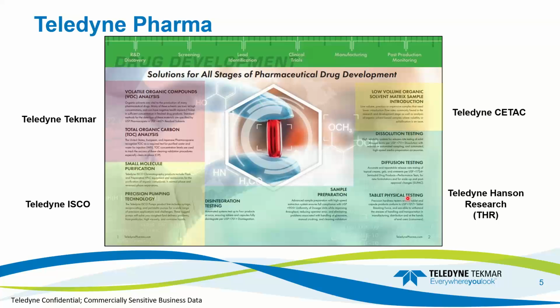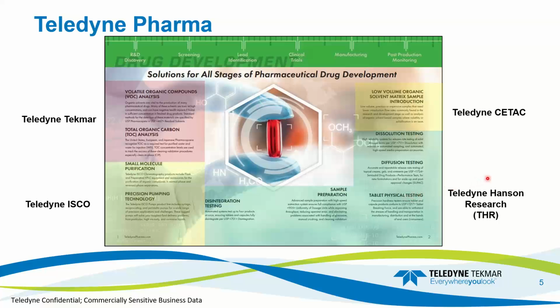Then as we look at a couple of the other companies, as I mentioned in the previous slide, Teledyne ISCO makes small molecule purification and precision pumping. Then we go over to Teledyne CTAC, where they do some of the development or R&D, looking at low volumes, micro volumes, sample introduction types of systems. Then our main company that does a lot in the pharmaceutical space is Teledyne Hansen.